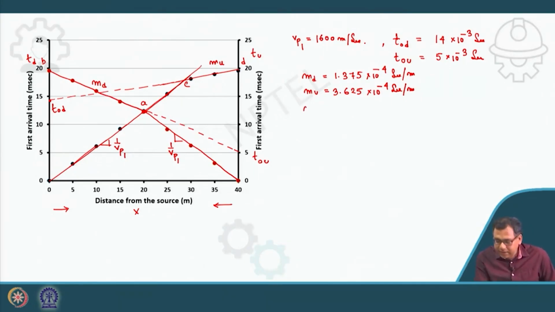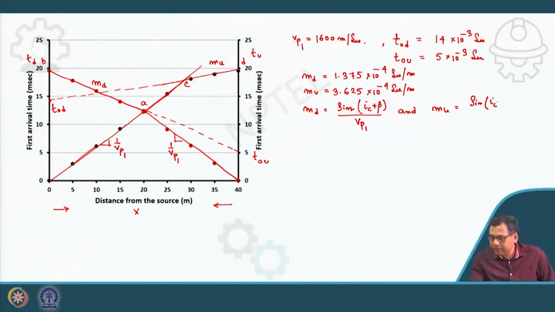So I know that md is equal to sine of (IC plus beta) divided by Vp1, and mu is equal to sine of (IC minus beta) by Vp1.